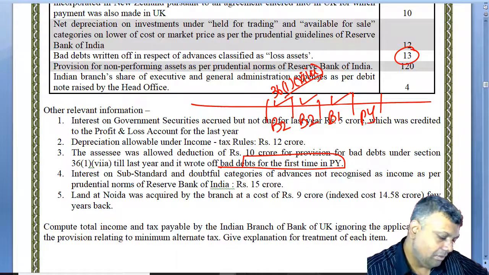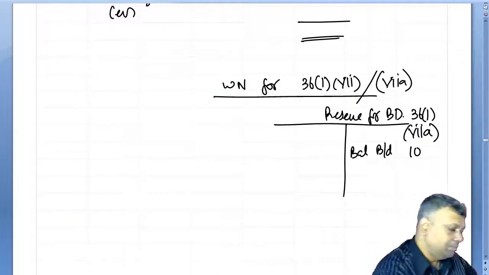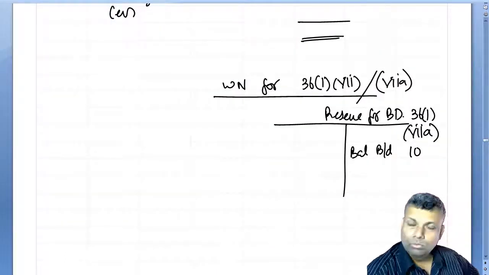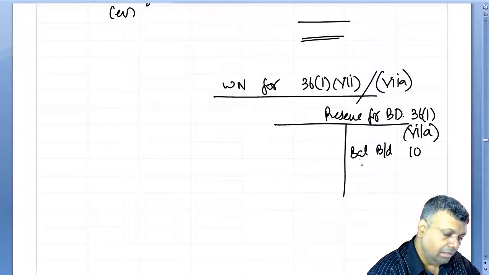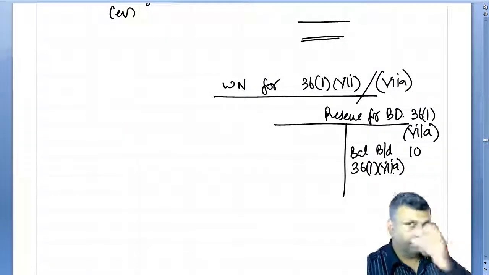Okay. Now you will have to update your ledger. This is a balance brought down. So you have to update the current year reserve creation of 36.1.7a of the current year.